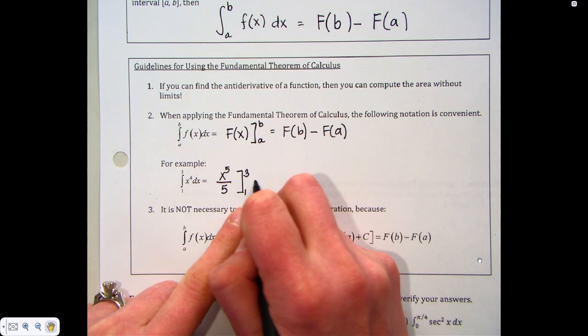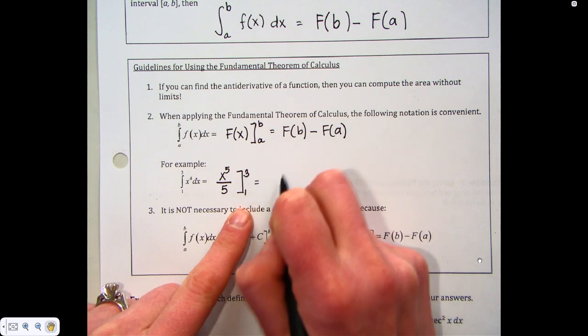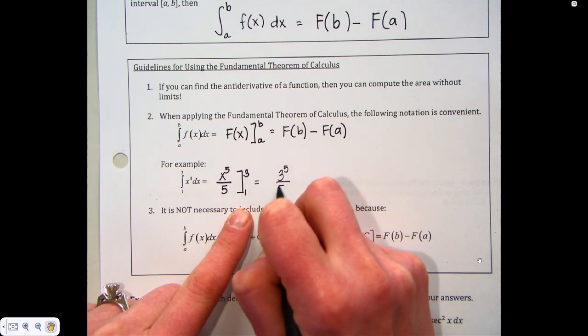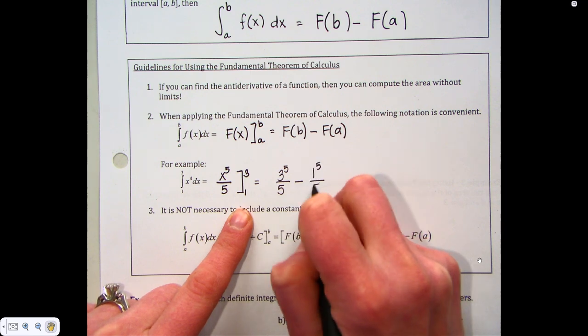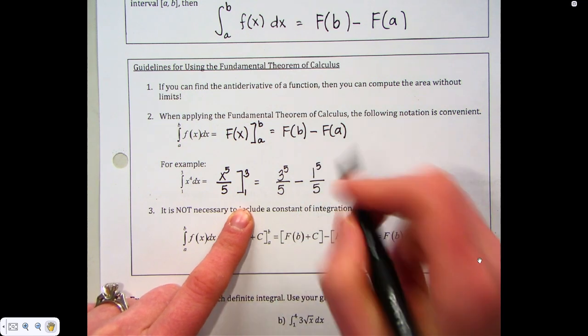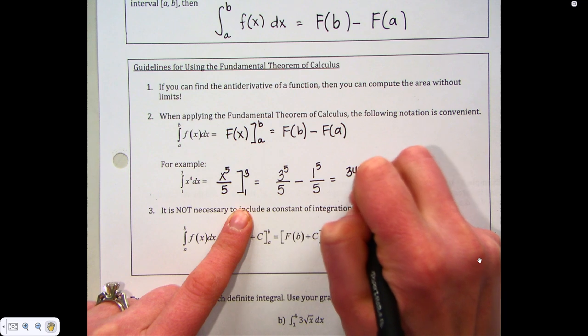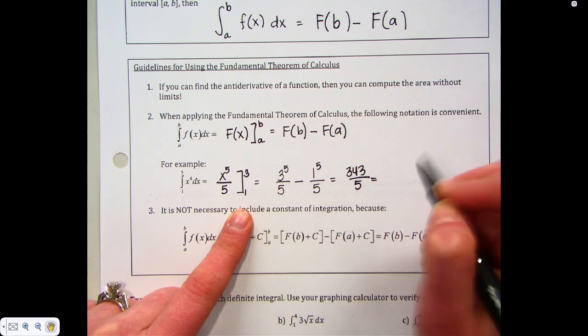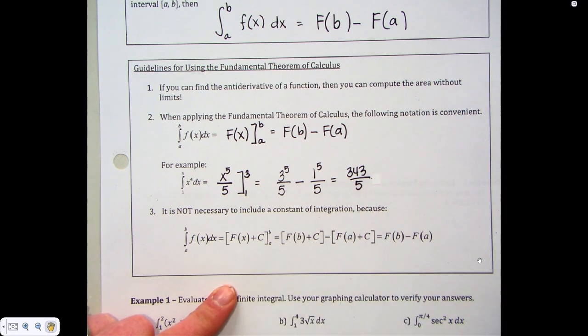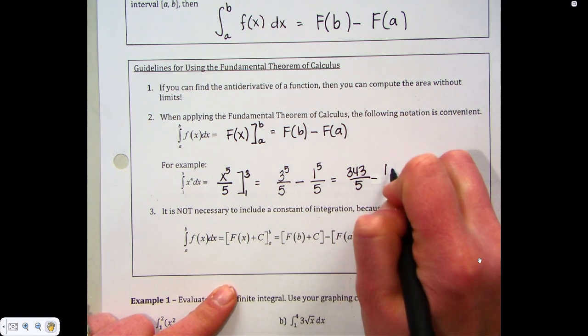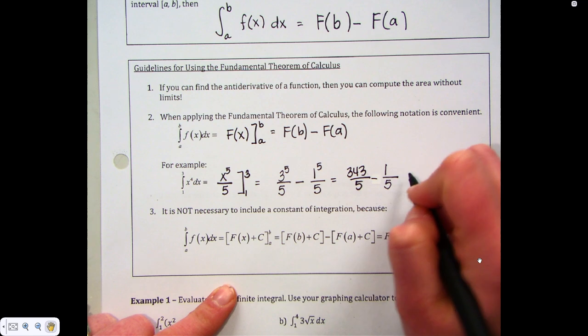The rest of this problem would look like this. We'd take our top number and plug it in, and then subtract whatever we get when we plug in the bottom number. 3 to the fifth happens to be 243, over 5. We want to subtract our 1 to the fifth over 5.